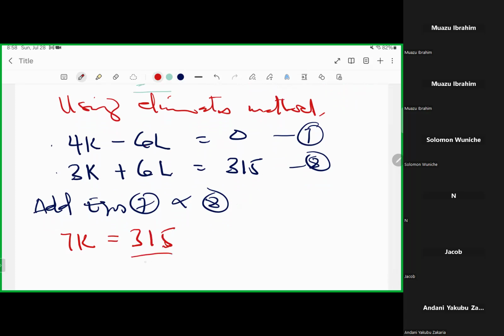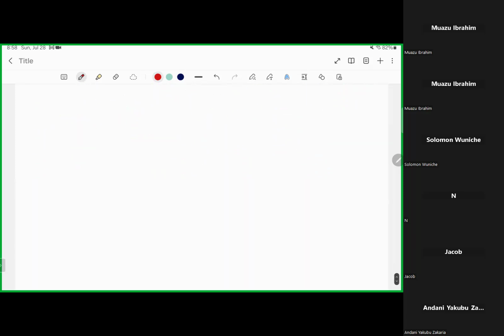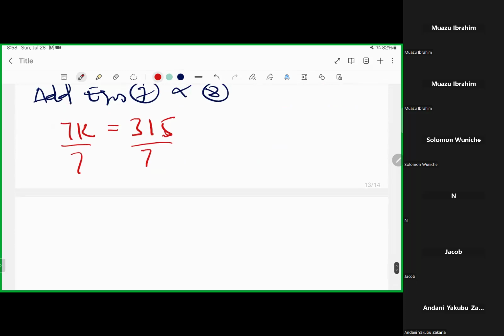So we divide here by 7, divide here by 7. When you divide by 7, K would be equal to what? 45. K would be equal to 45.